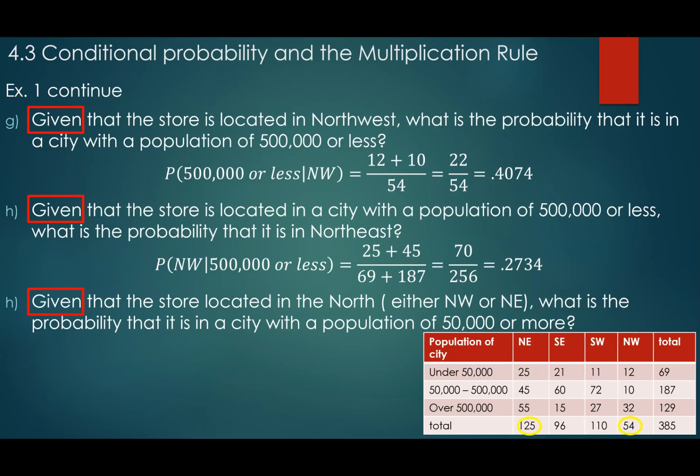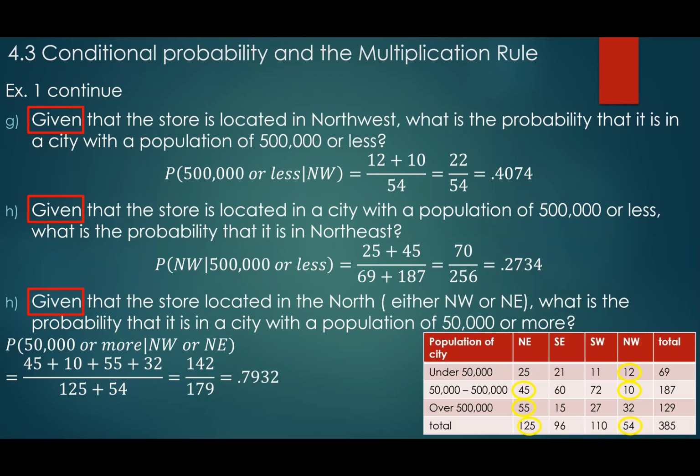And once we have that, which item is 50,000 or more? It's not the 12, it's the 32. I made a small edit mistake there. But again, it is the 45, the 10, the 55, and the 32.